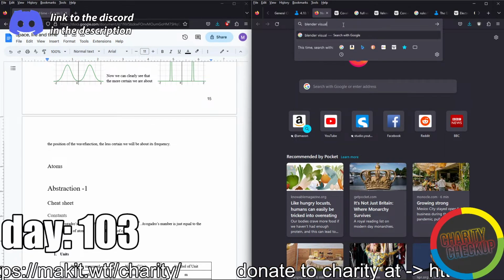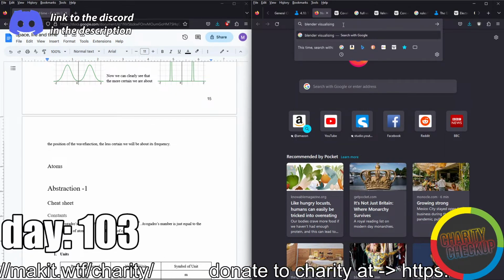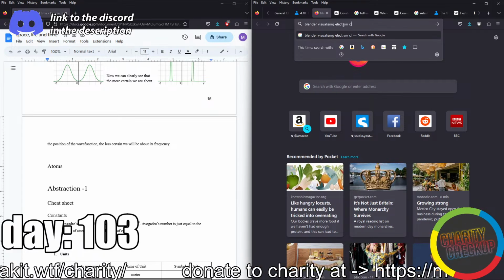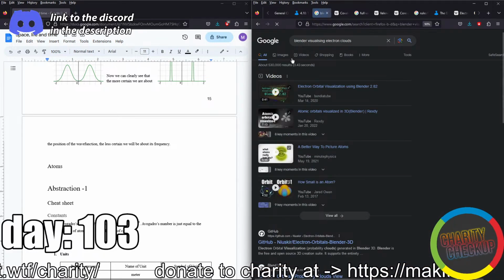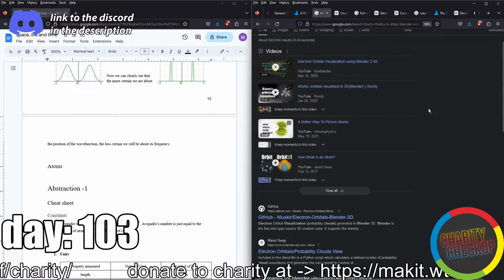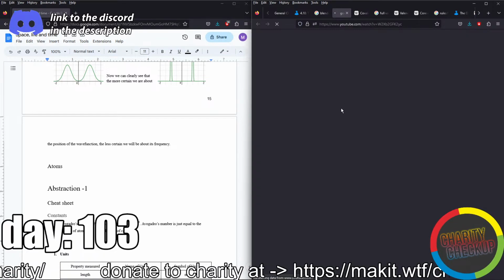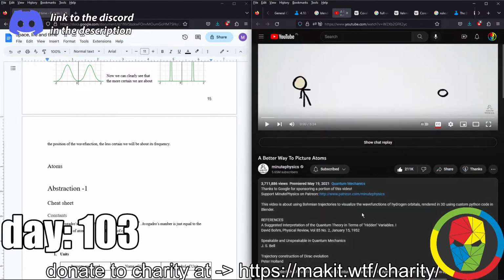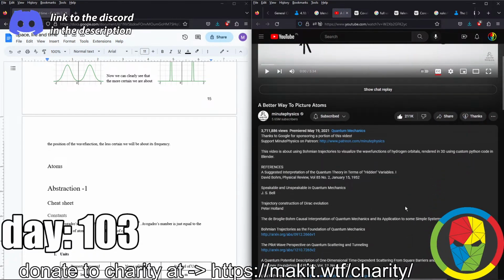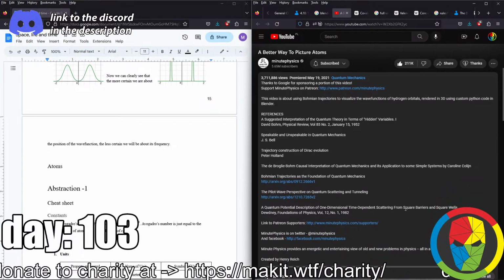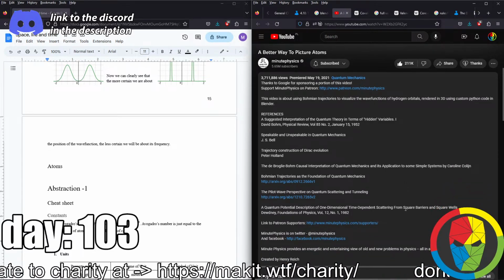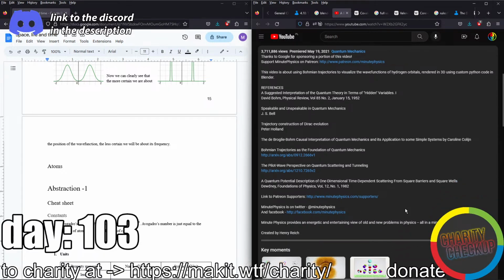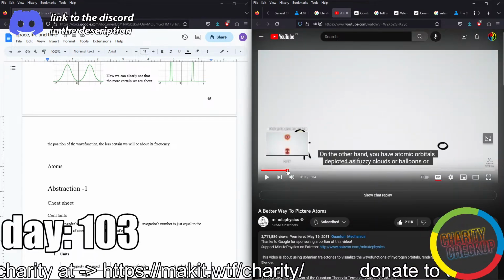Blender, visualizing clouds, because what did Minute Physics use for this? Think. I mean, what engine?